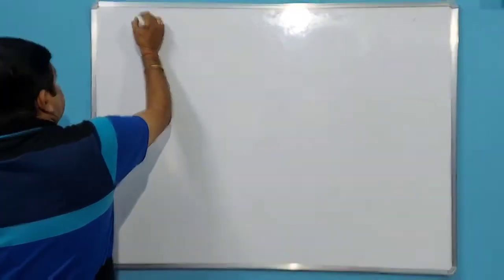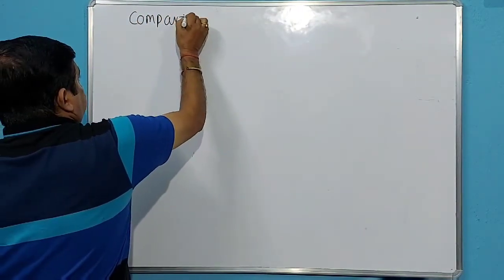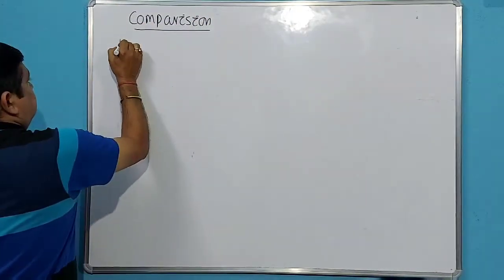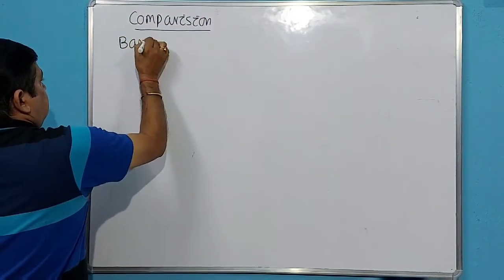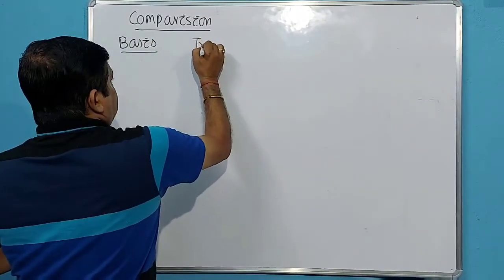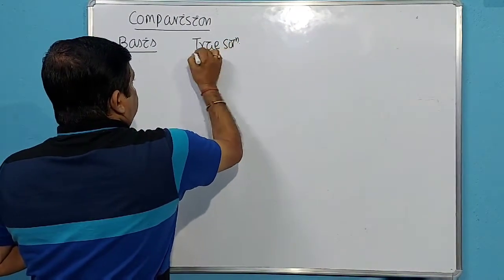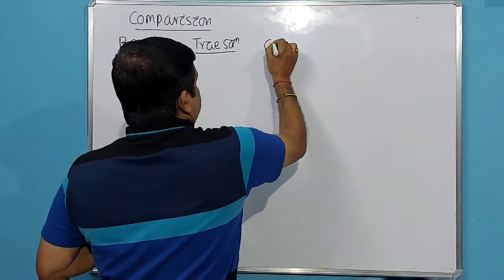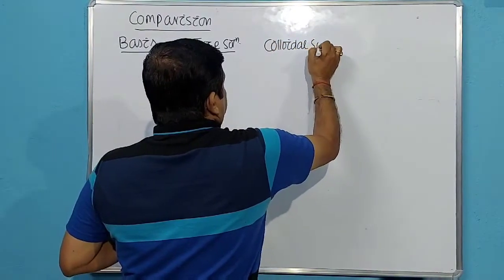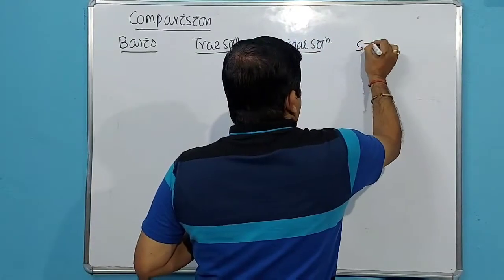So next, comparison. How to compare them? First, let us know on which basis they will be compared. Then we'll make 3 columns: true solution, colloidal solution, and suspension.